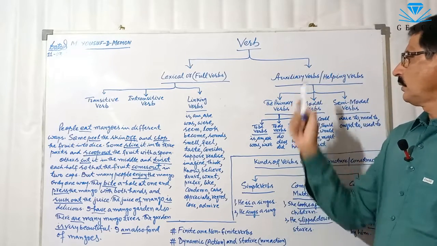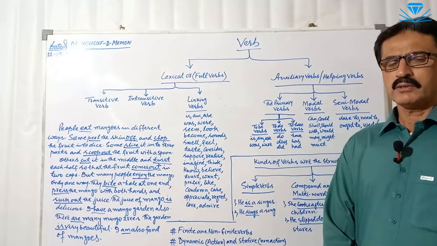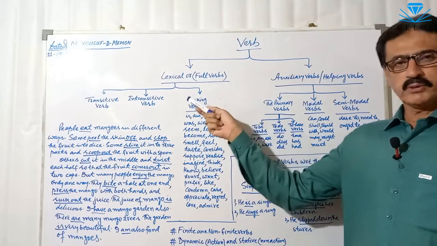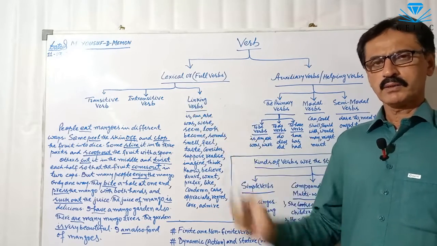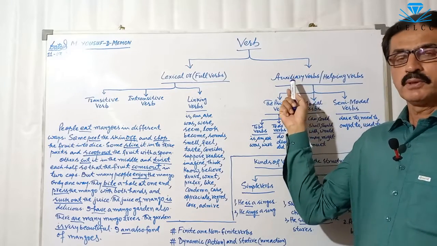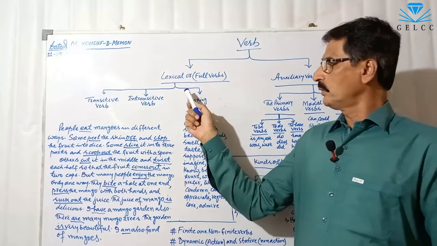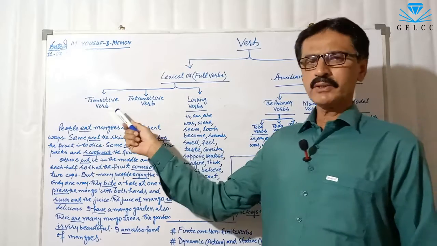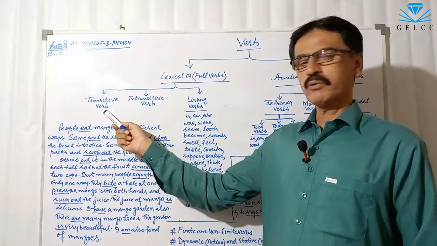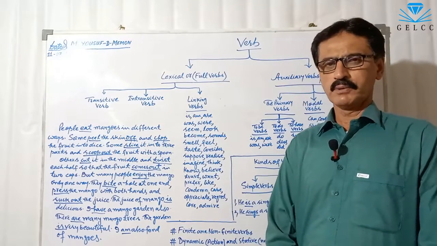And auxiliary or helping verbs are the verbs which are used with a main verb to make tense. Means these verbs help the main verbs. The lexical verbs are divided into 3 parts: transitive verb, intransitive verb, and linking verbs.